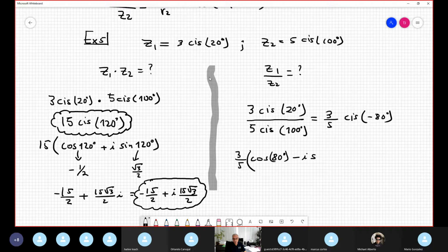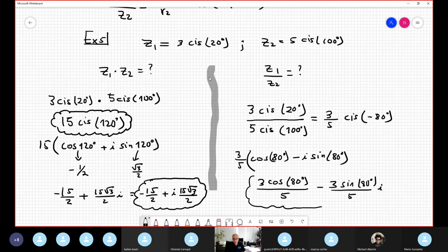Negative I sine 80 degrees. 80 degrees is not a fundamental angle that you know by memory, but you put it in the calculator if you want, or leave it like that. 3 sine 80 degrees over 5, and the I you put in front or on the back, it doesn't matter. This is the other final answer.